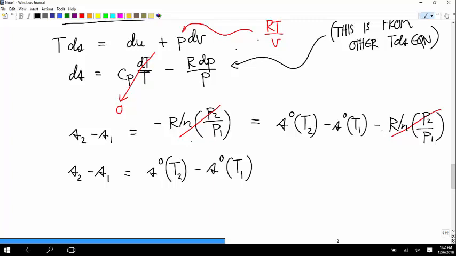No, it's isothermal in both of these, right? Isothermal expansion and isothermal compression.